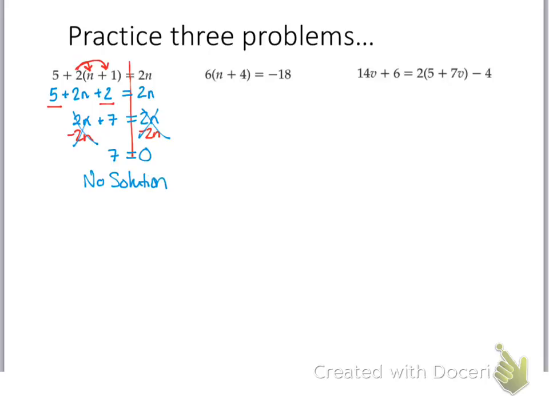Try the middle one. Might be a good idea to pause it and try it yourself and see if you're getting this. First thing we're going to do is distribute. That gives us 6n plus 24 equals negative 18. Both sides are simplified. I only have one variable, so now I'm going to add or subtract.